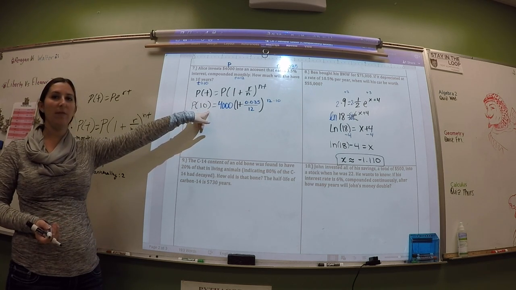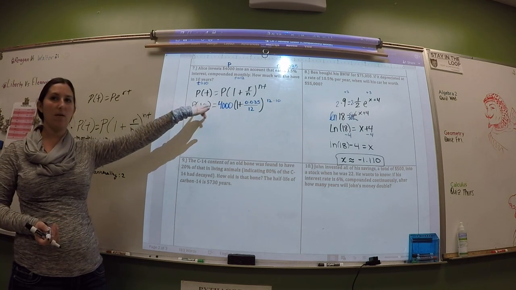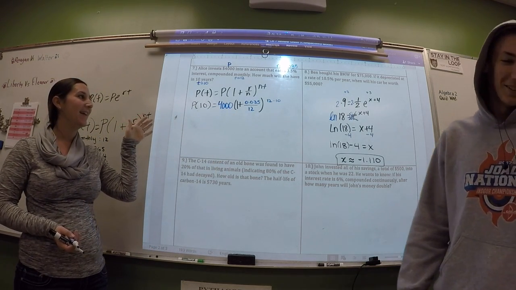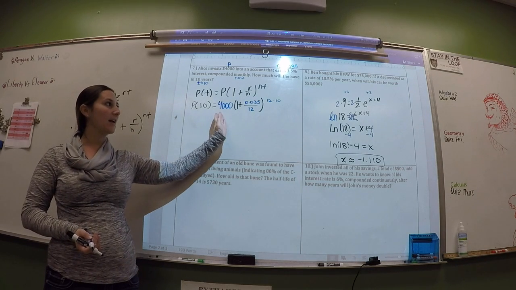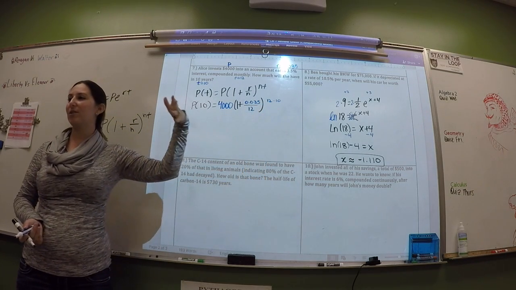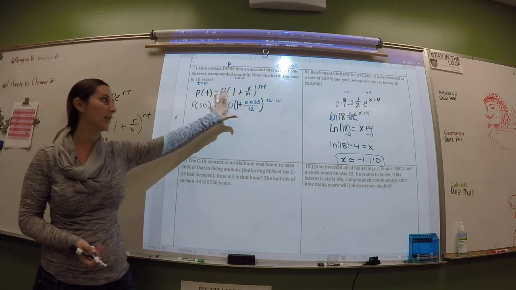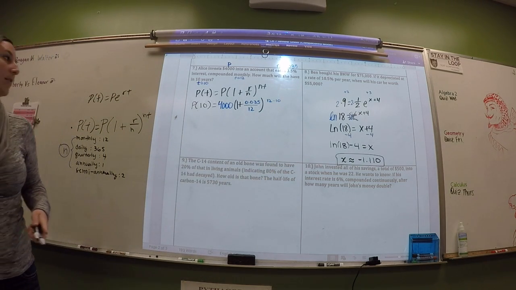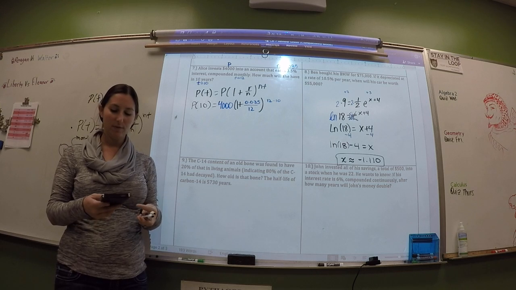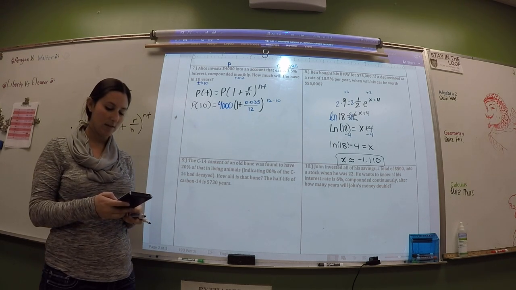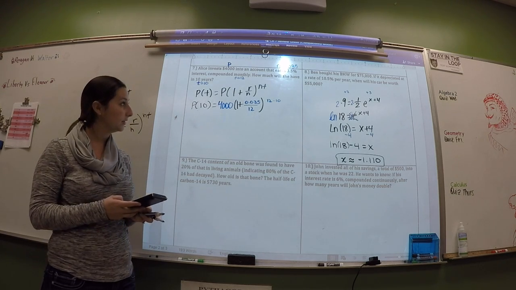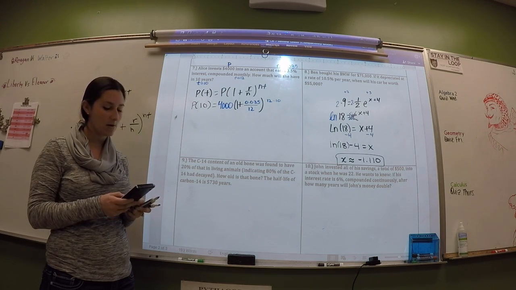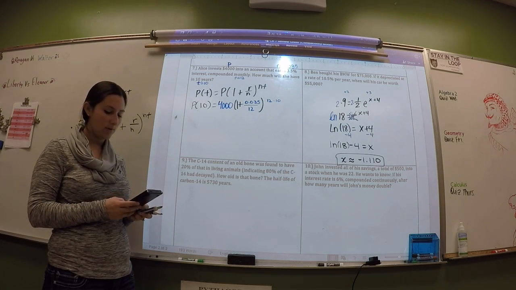Now, when you're solving for what all of this is equal to, all you have to do is type this side of the equation into your calculator, and that's it. So you're going to carefully plug in 4,000 times 1 plus 0.035 over 12 to the 12 times 10 power.